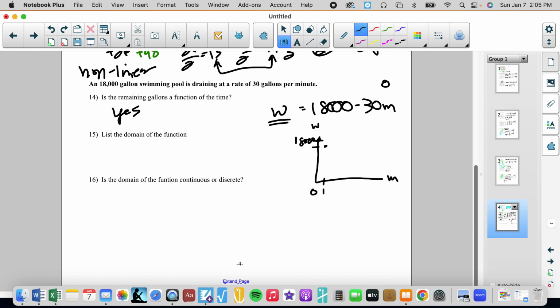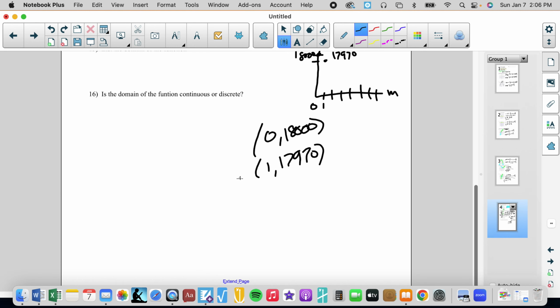Then it's going to be 1, 17,970. And then 2, 3, 4, 5, 6, and so on. So the domain, what are my x values? Remember the points that we just talked about. The solutions are 0, 18,000, 1, 17,970, and it's going to continue to go.